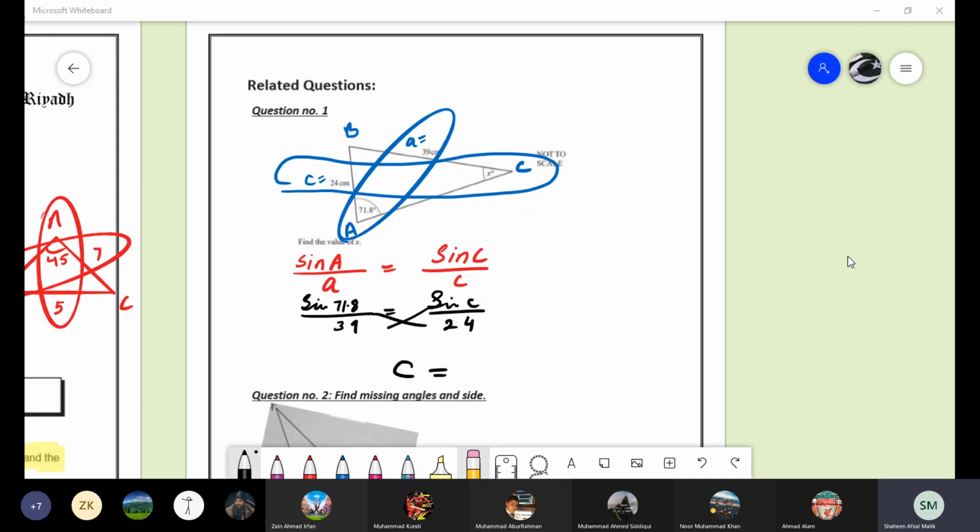Quickly solve this question and tell me the answer. What's the answer?